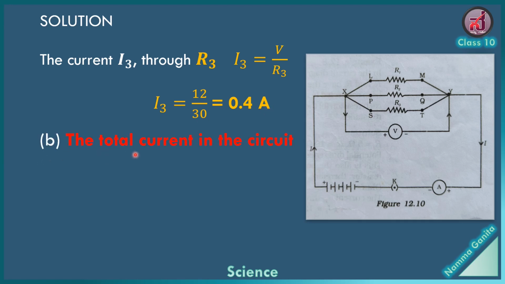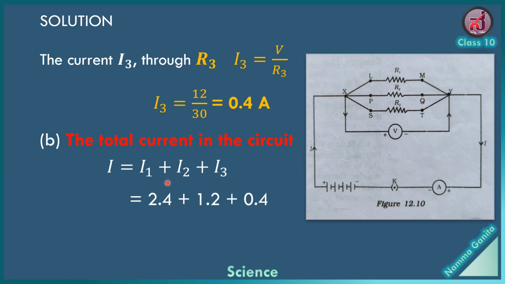B. the total current in the circuit. I is equal to I1 plus I2 plus I3.